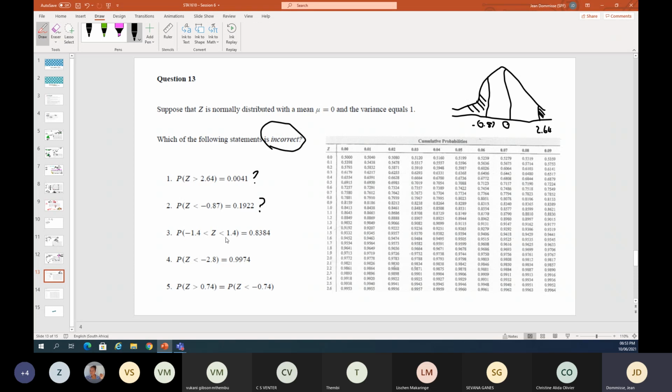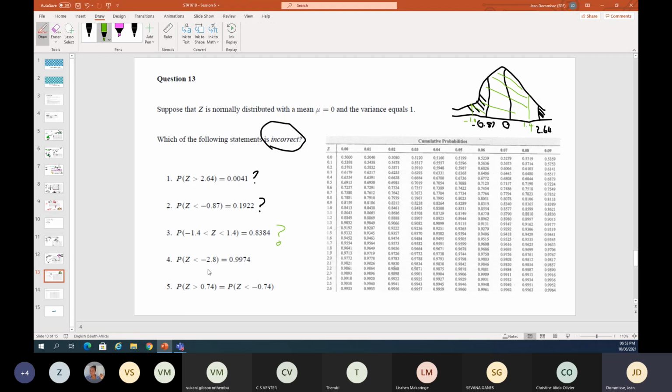Between 1.4 and minus 1.4, so let's say it is somewhere there. If I look at that area that I need to calculate, I assume it will be bigger than 0.5, but I don't know, so we need to work it out.